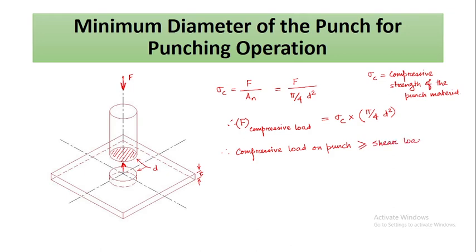This compressive load must be greater than the shear load. Then only the punch will not fail.